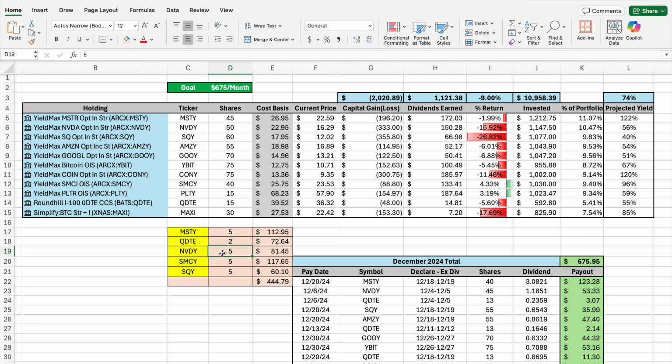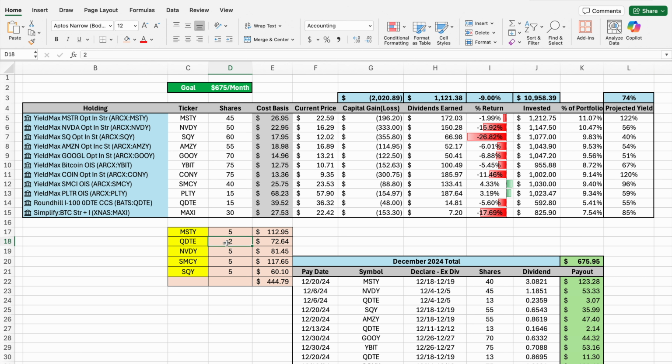NVDY, again, because of the volatility, you guys know that I like NVDA, NVDY, and NVDX, which I trade option contracts on. I think NVDY will recover, so I bought another 5 shares of NVDY and lowered my cost basis to $22.95.